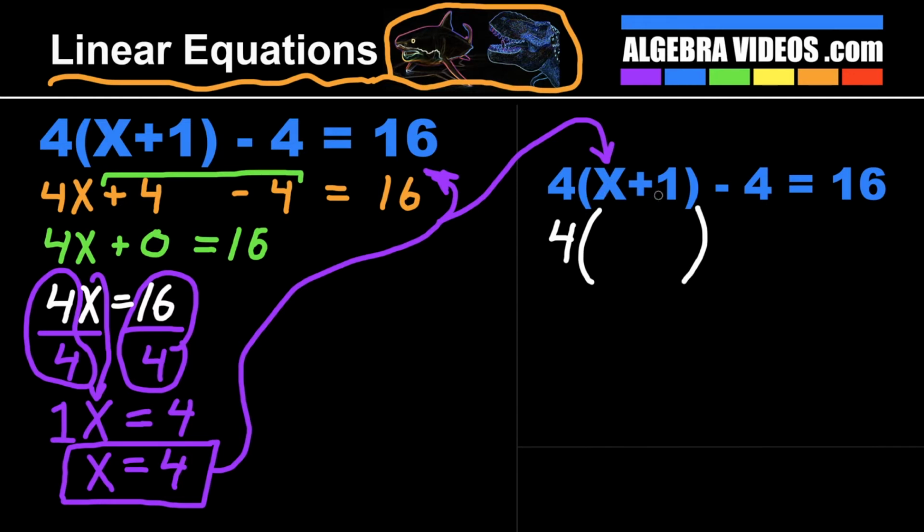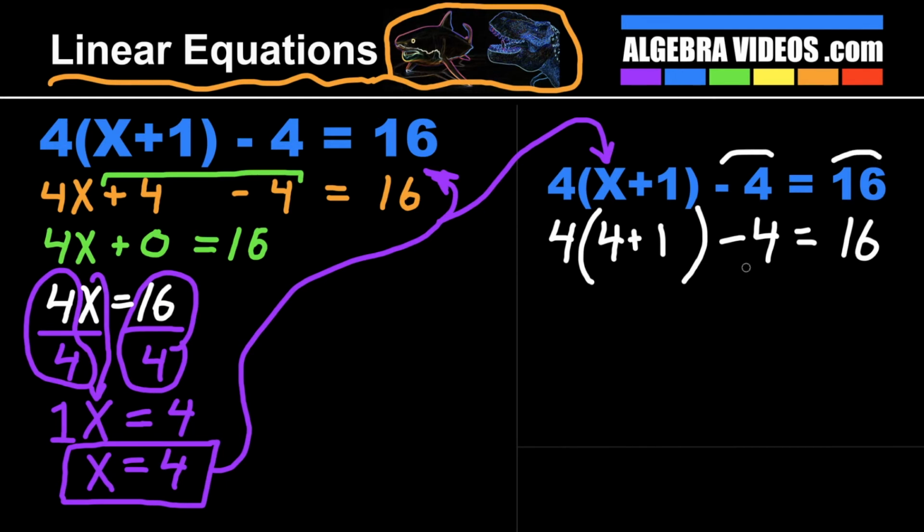And then the term in the middle in the parentheses is x plus 1. But we're plugging in the number 4 for x. So instead of x, we're going to plug in the number 4, and then plus 1. And then outside the parentheses, minus 4. I'm just bringing this term down. And that equals 16. I'm just bringing this term down.